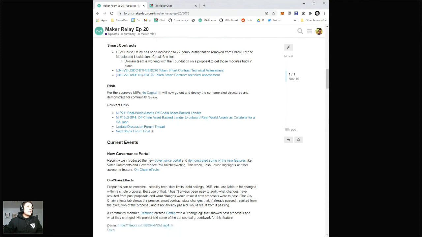For risk, there is really interesting stuff happening around real-world assets. Matthew Rabinowitz of Success Capital actually has a MIP passed and also has a declaration of intent passed, and there's a ton of detail here that I feel I shouldn't unpack now.